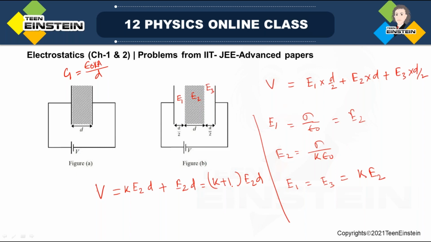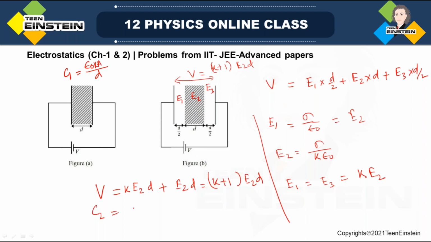So this is the total potential across this, k plus 1 times E2 d. So what is the capacitance then?